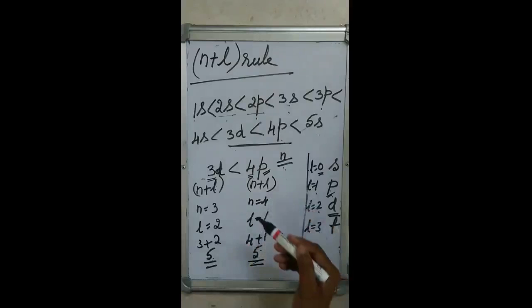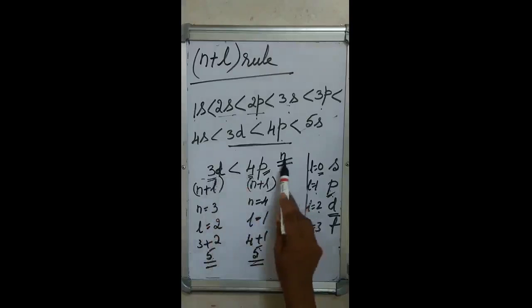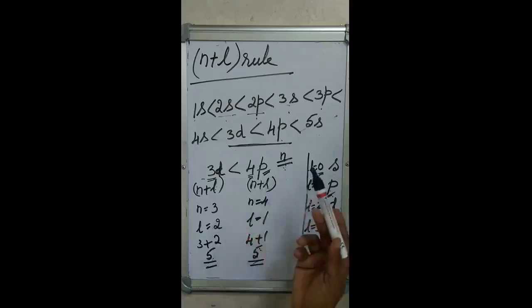I will repeat it again. If the n plus L value is the same, then the orbital with the lower n value is considered as the lower energy orbital.